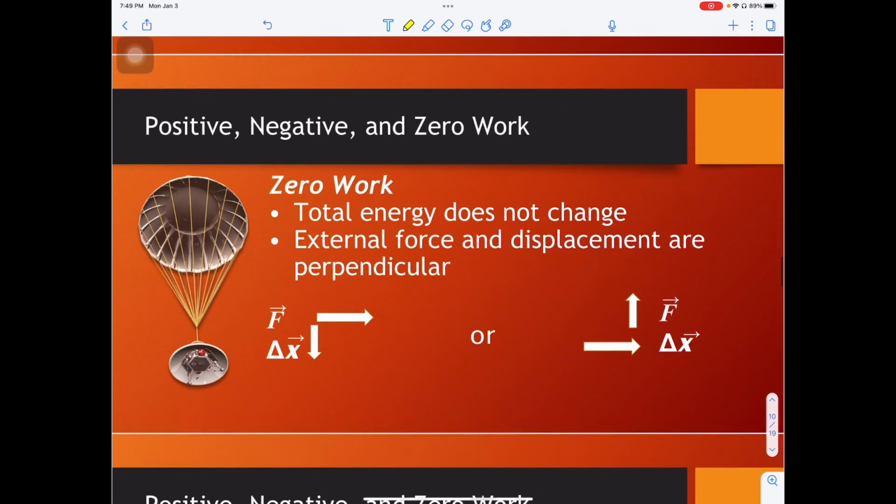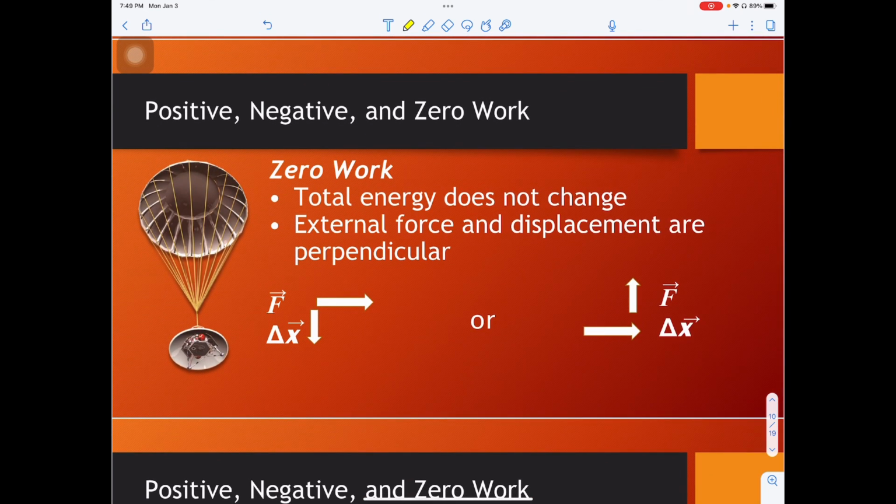Okay, so the external force and displacement point in opposite directions. Zero work: the total energy does not change, which means my velocity is constant. Actually, we should say my speed is constant. In a couple of units we will figure out why I'm saying speed. Speed is constant, which means kinetic energy K is constant.